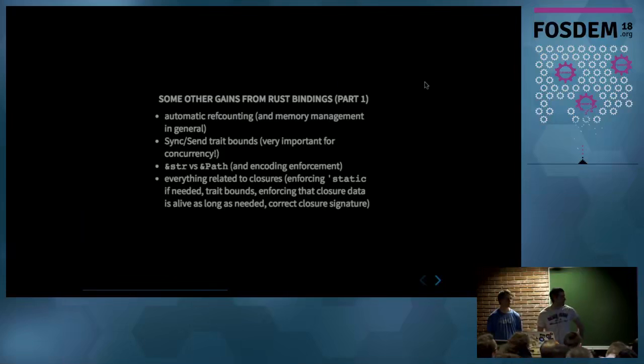And we enforce, when we generate the API, that if you want a string or a path, which is very convenient when you have to open a file or to specify a title, you're sure you won't try to do something strange at best. So, like I said above, everything related to closures, so signals, callbacks, everything.